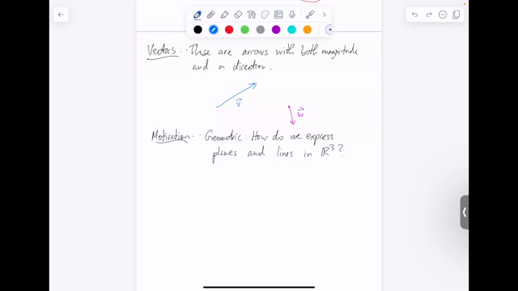But really, for a line in 3 dimensions, what you need is just a direction. If I draw a little arrow here, then I can assign you a line going in that direction. It goes this way and it goes this way.